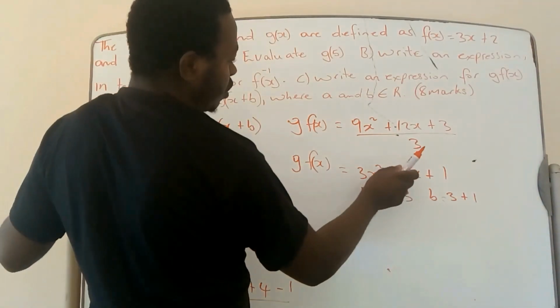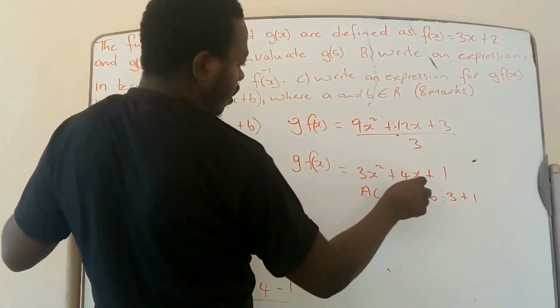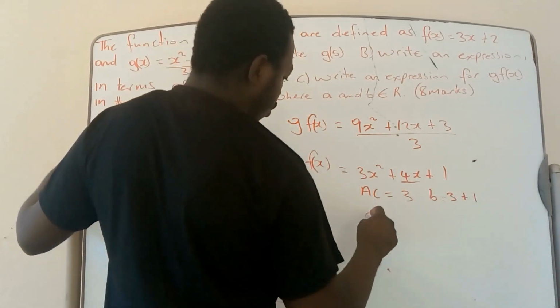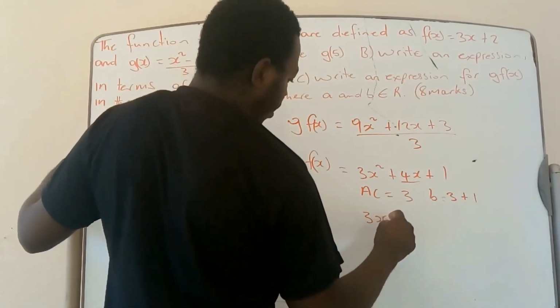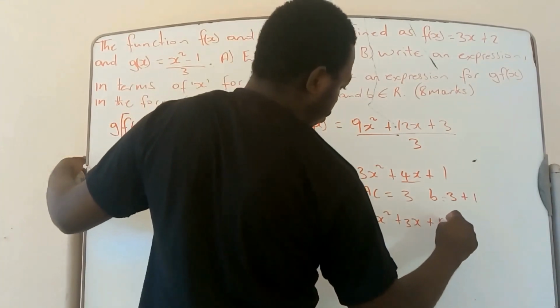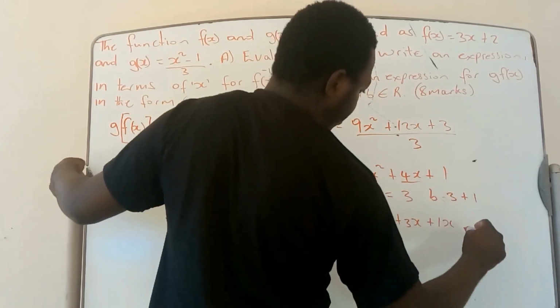So therefore, we can replace this b term here with 3 plus 1. So our new equation is 3x squared plus 3x plus 1x plus 1.